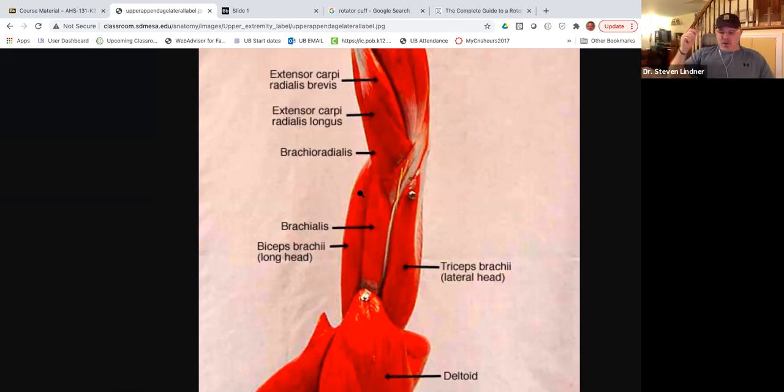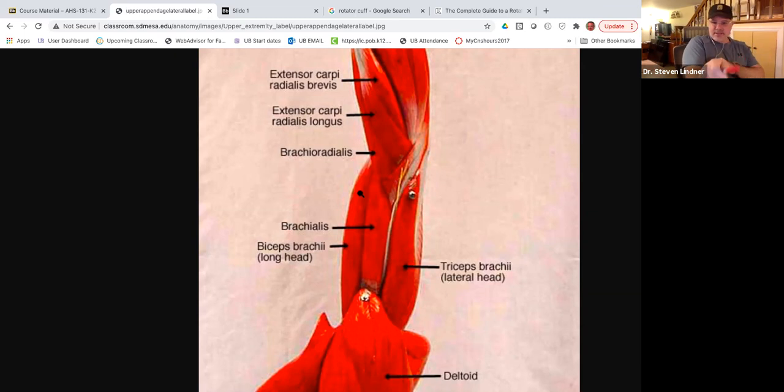So if you're holding a screwdriver in your hand and you're in this position with your elbow bent at 90 degrees and you try to tighten something with your right hand, if you put your left hand where your bicep is on the right and you try to rotate clockwise like you're tightening something with a screwdriver, you'll feel your biceps contract.